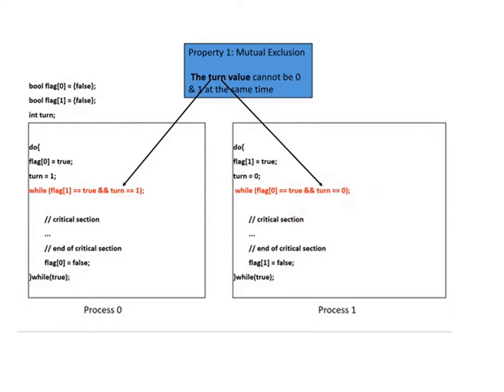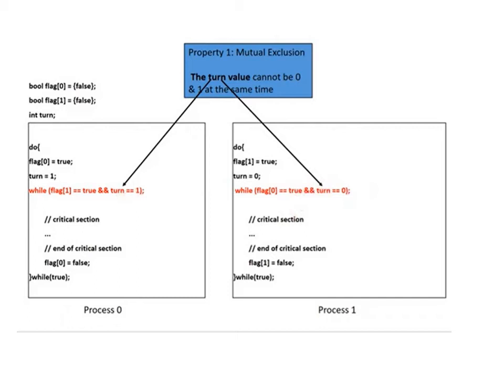Process 1 will execute the critical section code. After completion of the critical section, flag 1 is set to false. And then we again move to process 0, and again execute the while statement. While flag of 1 equal to true: we already set the flag 1 value to false, so the condition fails. In a logical AND, if any one condition is false, then the total while statement is false.